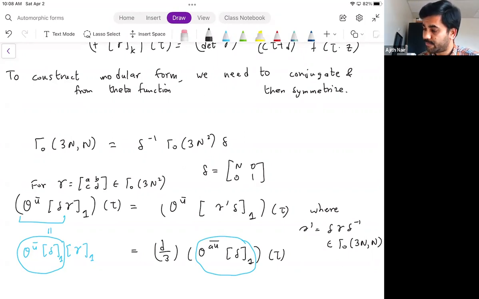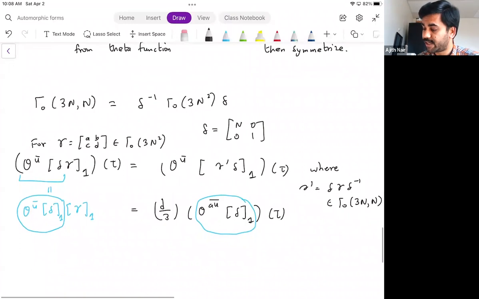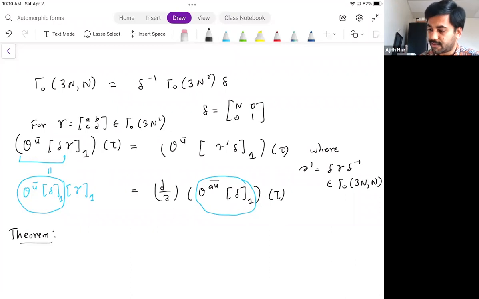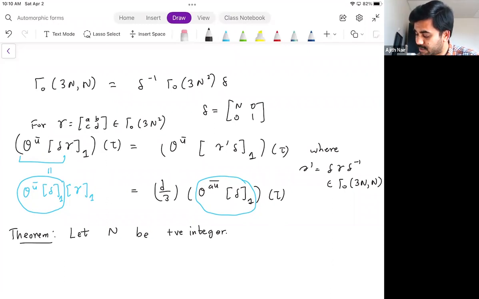And then what do I mean by symmetrizing? So, by symmetrizing, what I think they mean in the textbook is the following. Let n be a positive integer, and this is the main theorem which shows how the modular form is constructed.